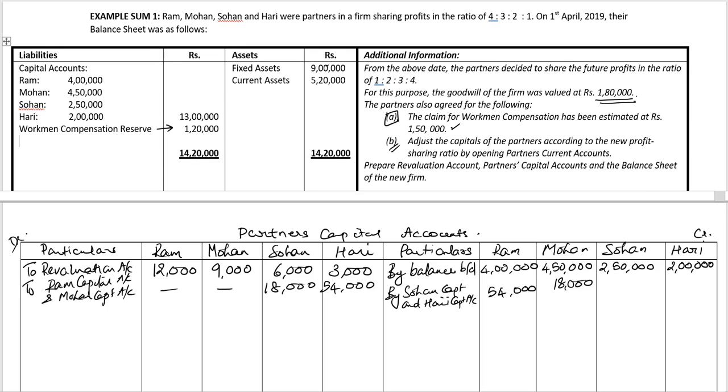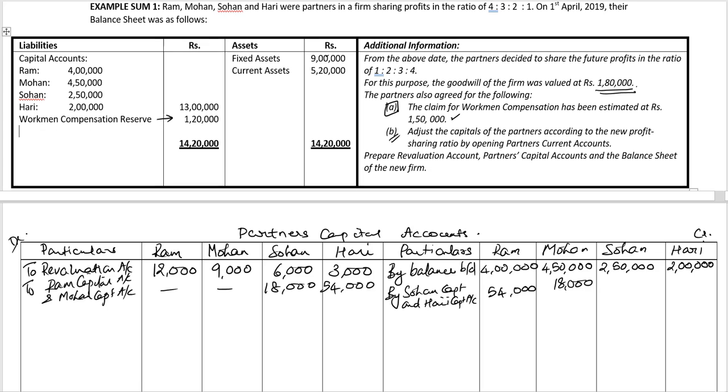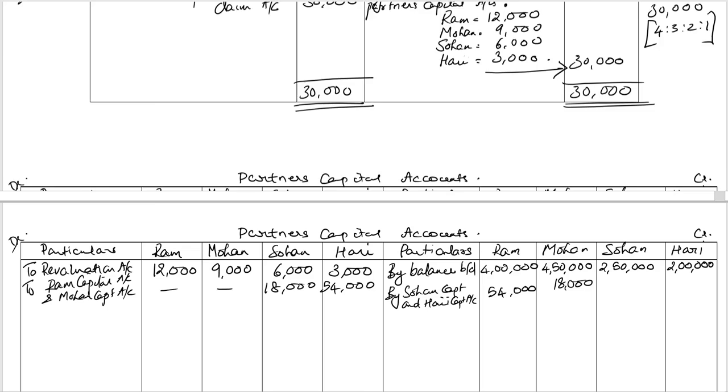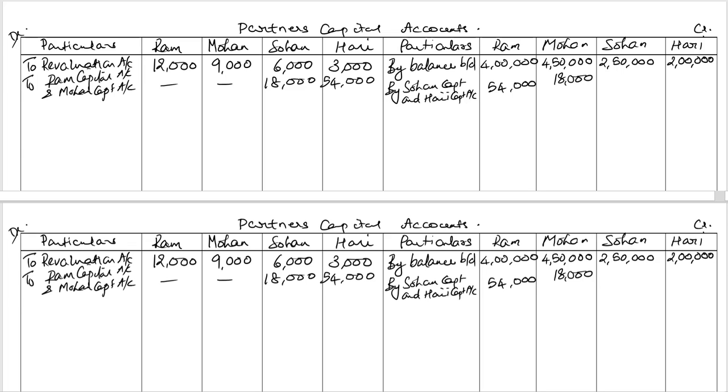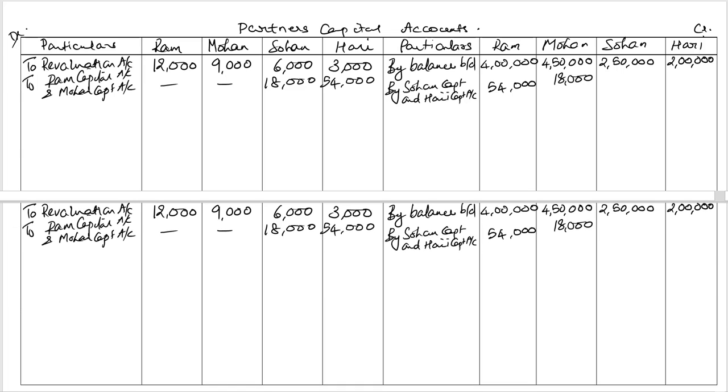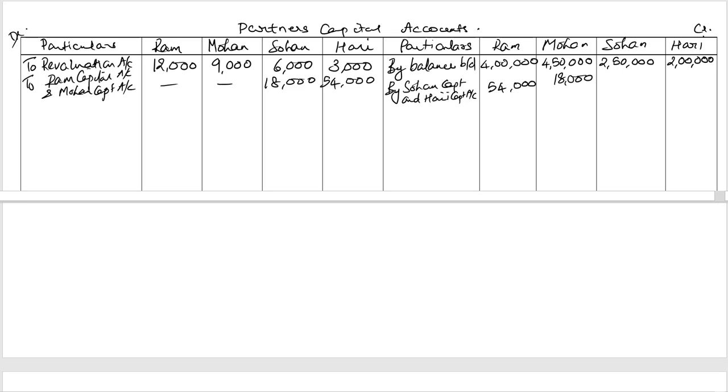So we've dealt with point A, the reserve workmen compensation, and we've done treatment of goodwill also. Now we need to do adjustment of capital. So let's do that. I'll keep the partner's capital account on the first half of the screen and the working notes on the second half of the screen.